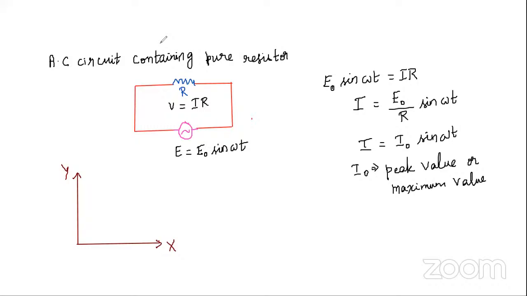So this green color line represents the EMF, and along this line itself you can find the current also. This is the phasor diagram.